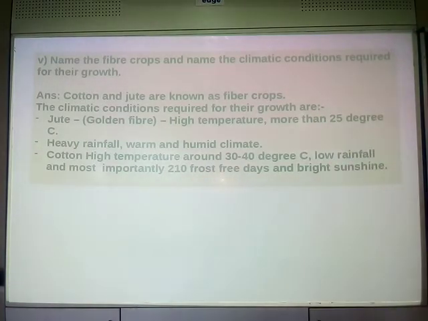That means no frost for at least 7 months, right?